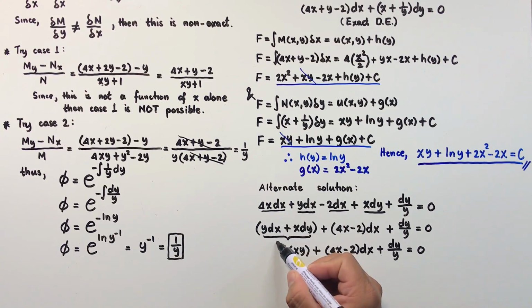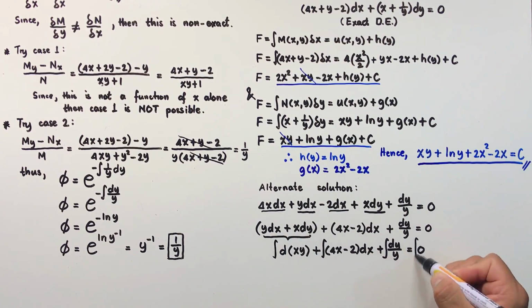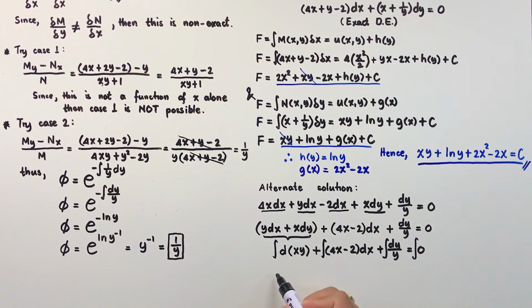So taking the integral of each term in this equation, we have xy because the integral of the differential cancels each other, and this is added to 4 times x squared over 2 minus 2x plus the natural log of y, which is equal to the constant of integration c.